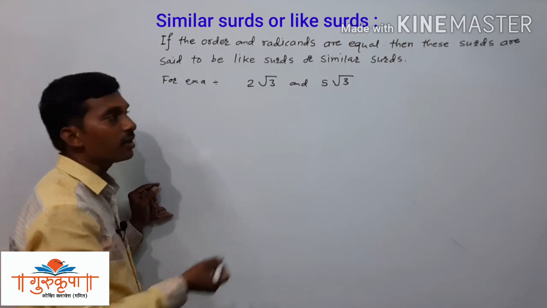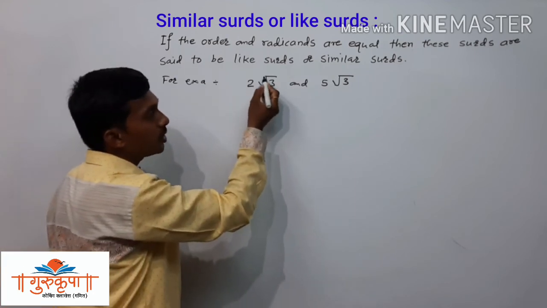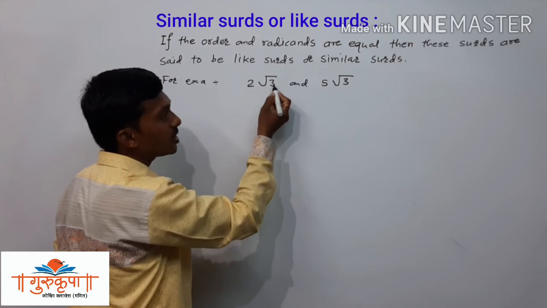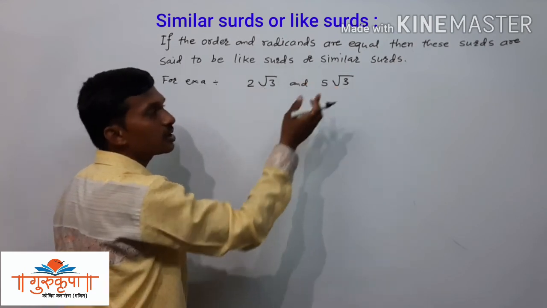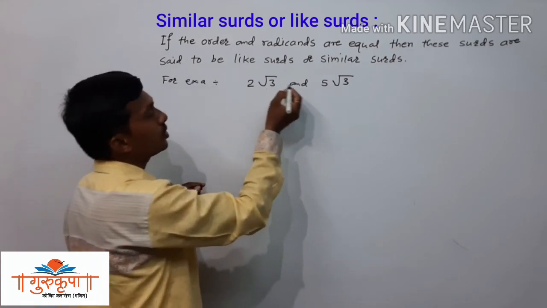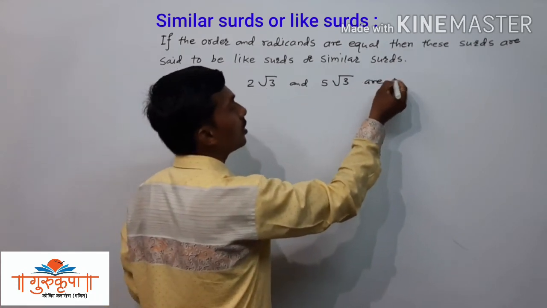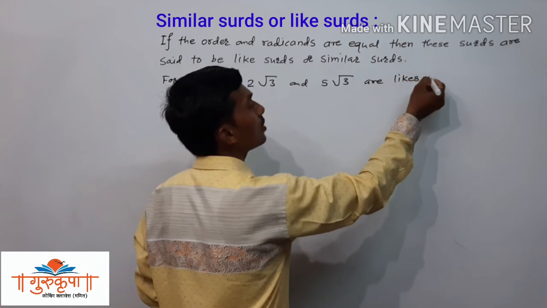Now check the radicands. Radicands means the number inside the radical sign. Here in the radical sign we have 3, and here in the radical sign we also have 3. So both these surds are like surds. 2 root 3 and 5 root 3 are like surds. Why?